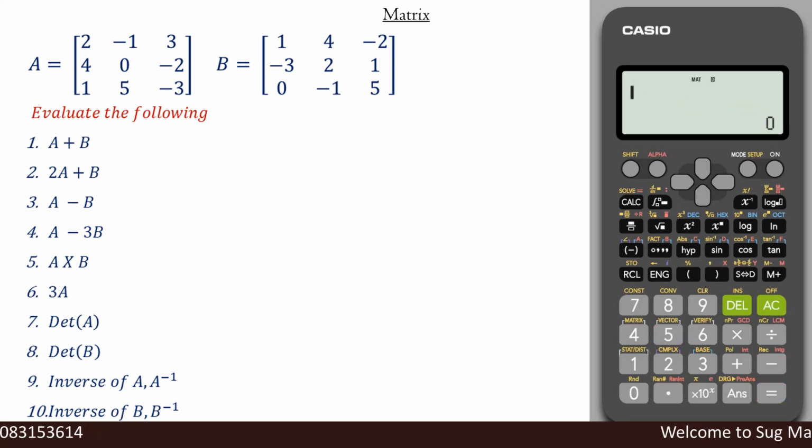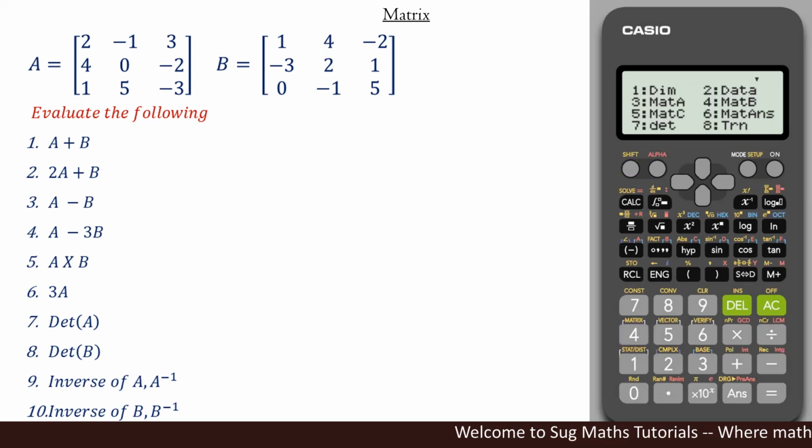Now we will say AC. Are we together? We say AC. So from here, we want to enter another matrix, that is matrix B. So you don't necessarily need to go through the mode again. I will simply say shift, I will say matrix, that is option number 4.